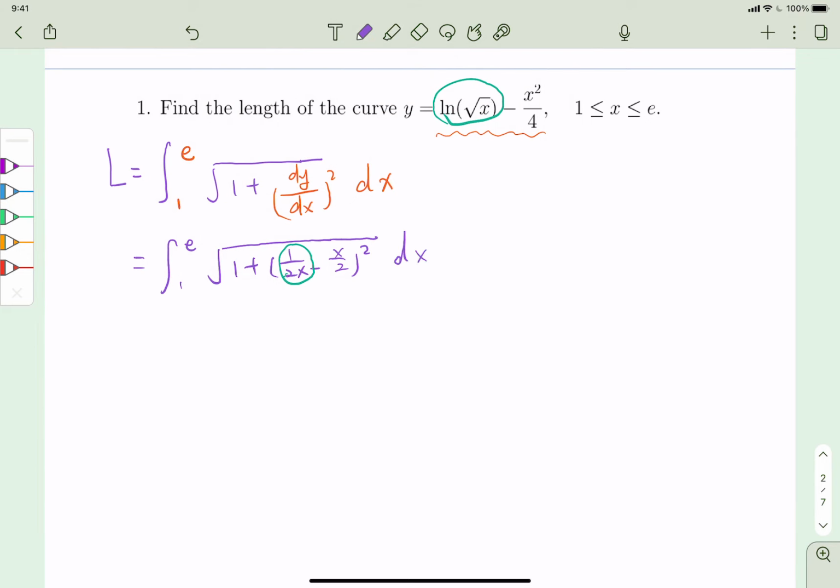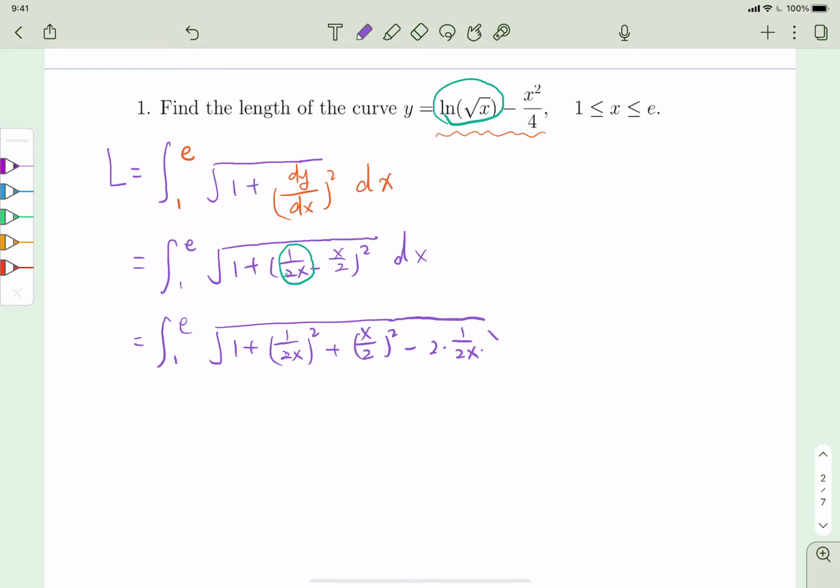And we open the bracket to simplify the expression. And we have 1 plus this 1 over 4, let me write it this way, this thing squared, plus x over 2 squared, minus 2 times 1 over 2x times x over 2.